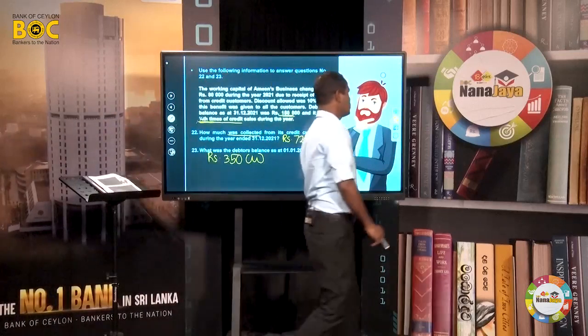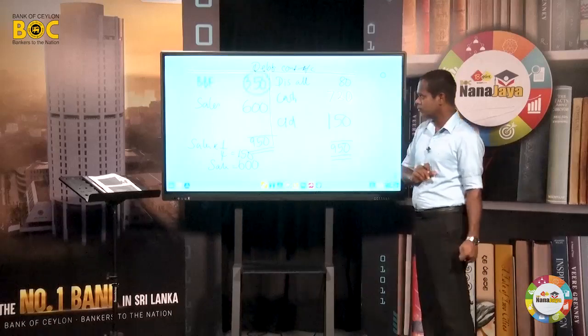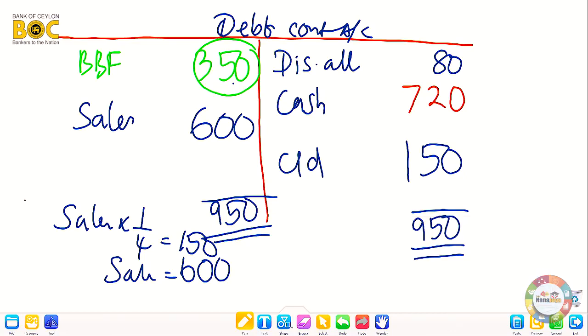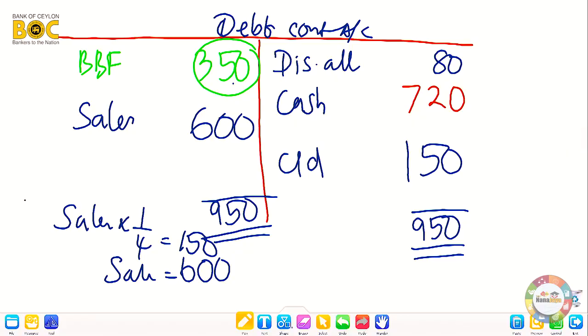So if I revise the calculations, this discount allowed is 80. It was 10% of debtors who pay full money. That was 10% of your total debtors who settle money. With that you can calculate total debtors.